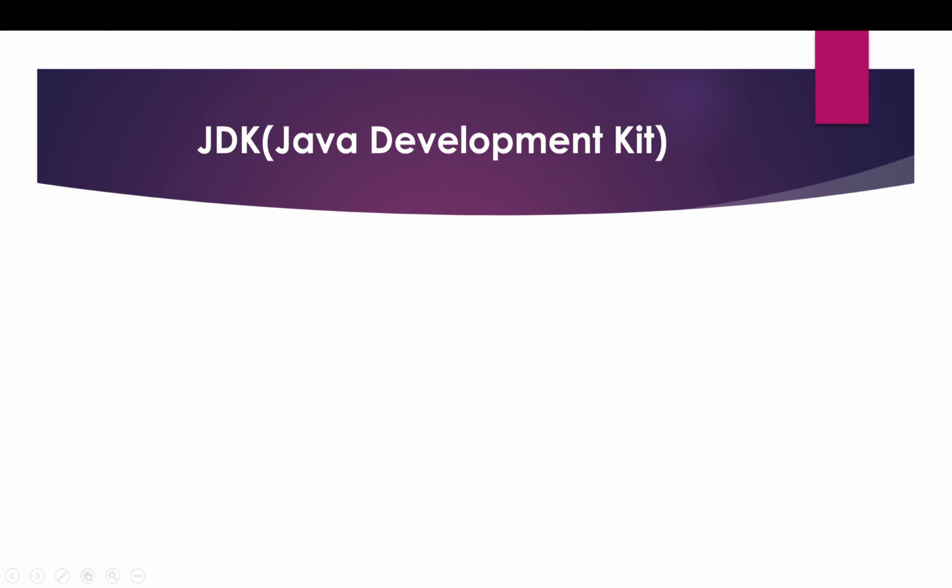So let's understand a bit more about JDK. We know that Java is a software platform. Now, what do I mean by platform? Anything which provides you an environment to write a program and run it becomes a platform.